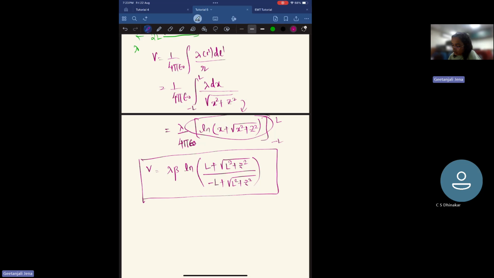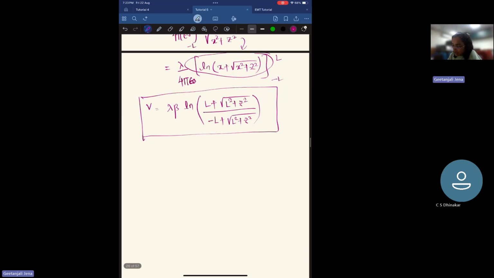This is the potential, and for the electric field we need to take the gradient: minus del by del z of lambda beta ln of L plus square root L square plus z square over minus L plus square root L square plus z square.